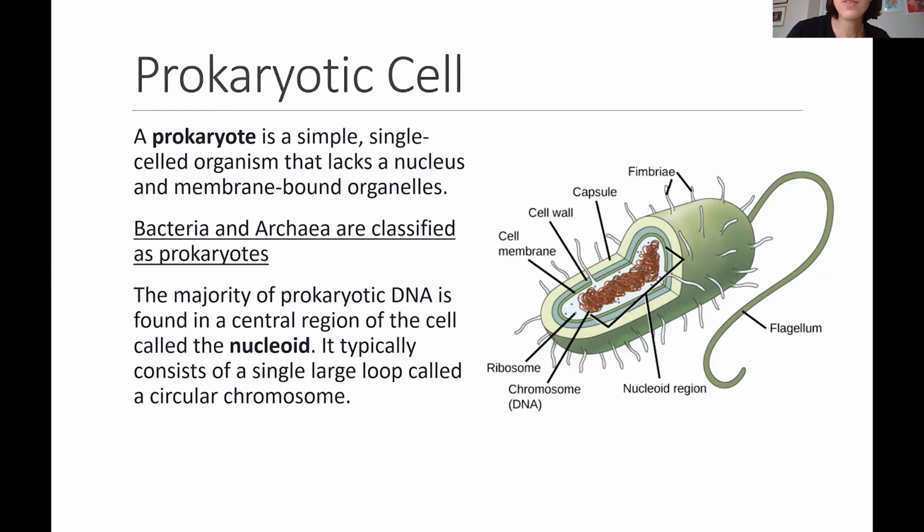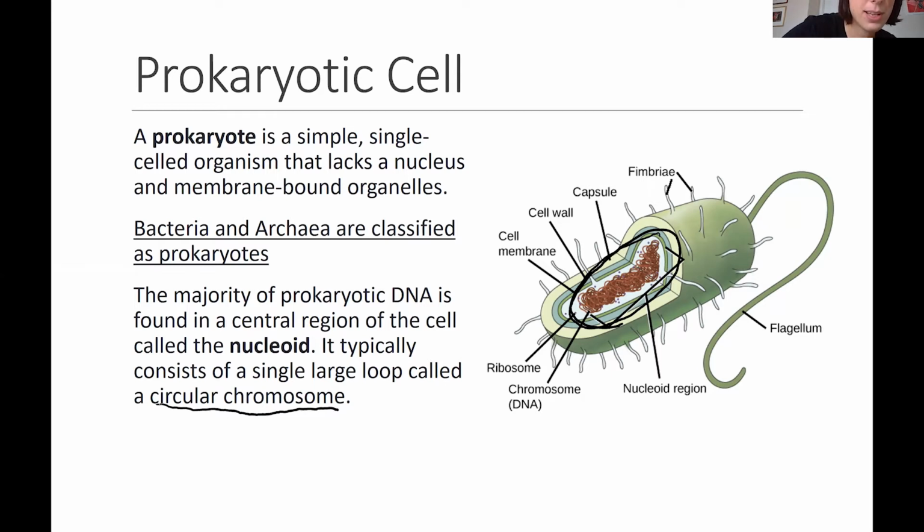The majority of the prokaryotic DNA is just found in that central region. Again, as you can see in our picture here, the scribbly line is where that prokaryotic DNA is within the entirety of the cell. And again, this is called a nucleoid. It typically consists of single loops of circular chromosomes. This is a key point many of you maybe don't know.